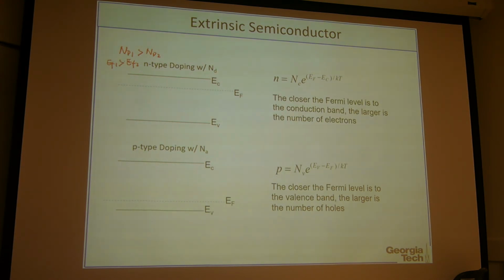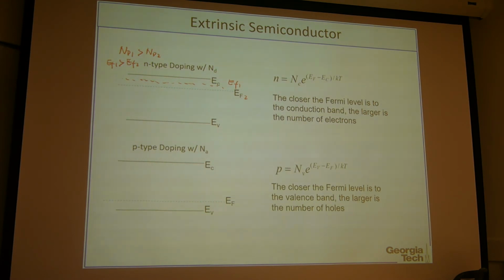Okay. So the higher the n-type doping, the closer EF is to the EC. If you want to draw that, if this is EF2, then your EF1 will be somewhere closer to the EC.